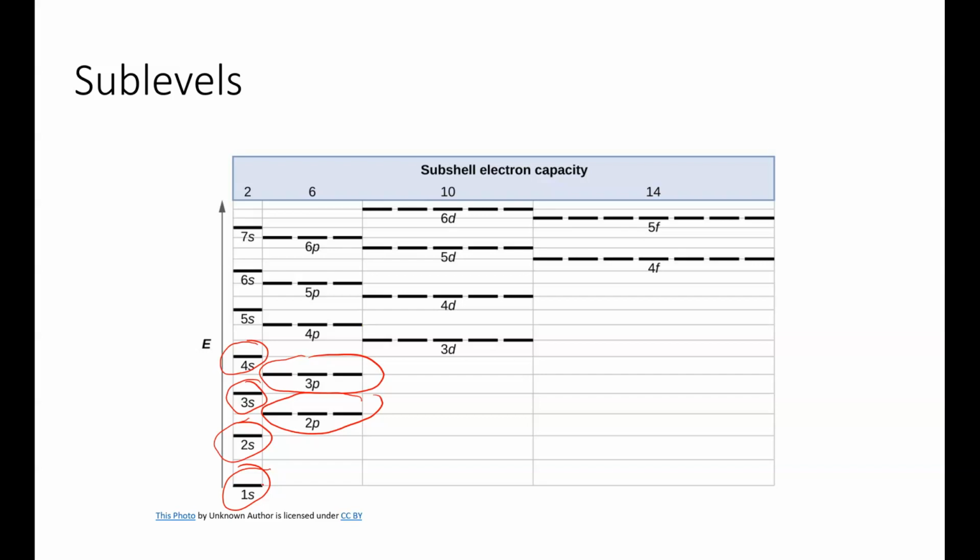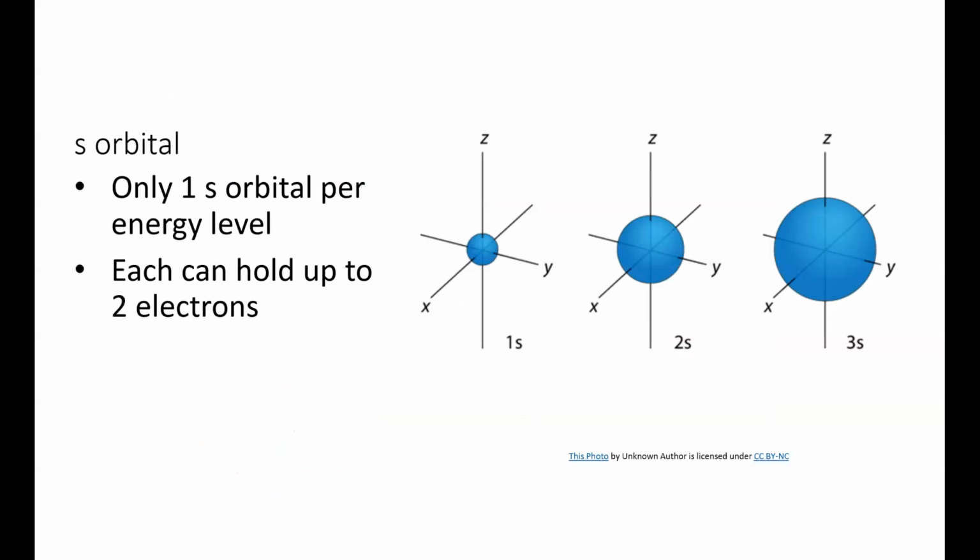So you are going to be adding electrons to the atom from the bottom to the top. This is another way of looking at the orbital. This is the s orbital. Notice it's just essentially a sphere. There's only one s orbital per energy level.